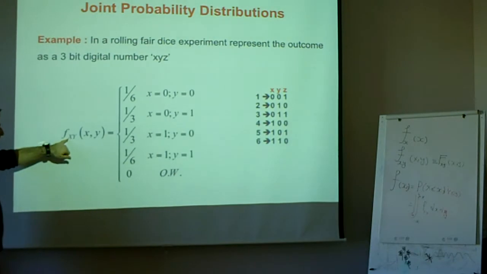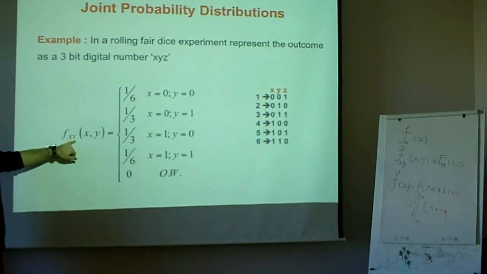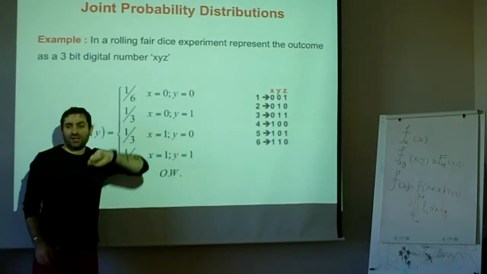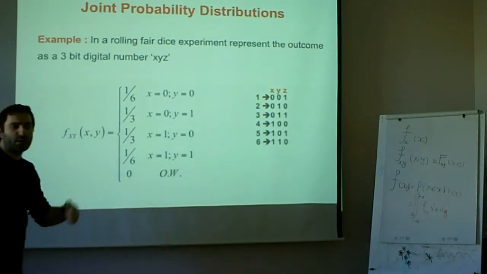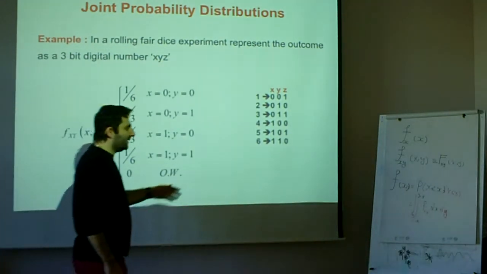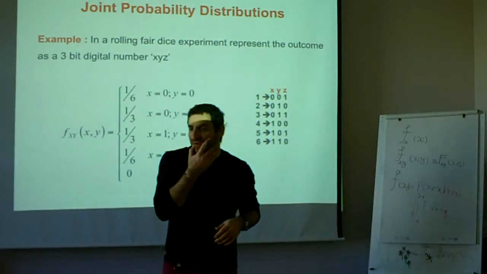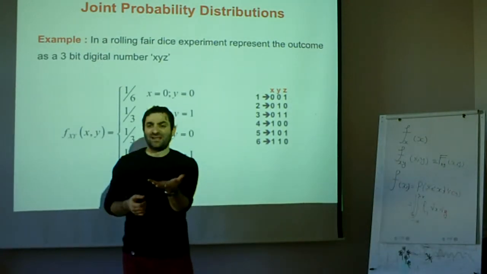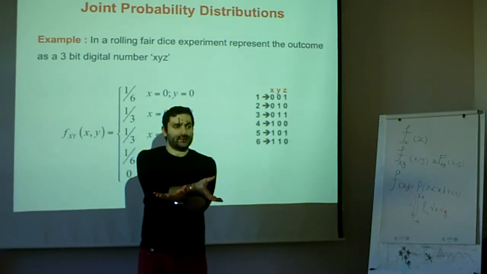Now we define the f of x and y to be in this form. X is 0, y is 0. What is the probability of having x 0 and y 0? Again, everything goes back to the main definition of probability. What is the definition of probability of event E? Number of event E divided by the total number of samples.